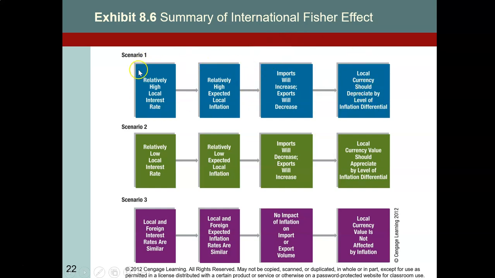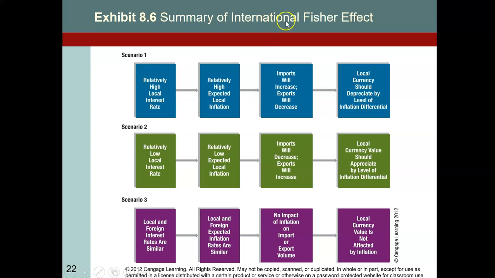We're just using the Fisher effect as our first step here. When there's a change in interest rate, there should be a change in inflation, and the difference in inflation would cause the change in foreign exchange rate. The same applies to other cases.